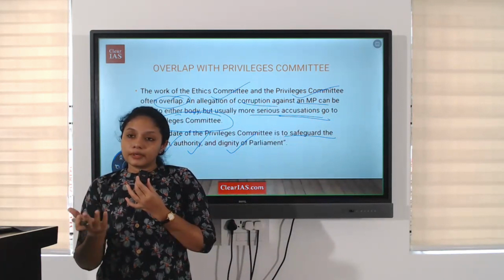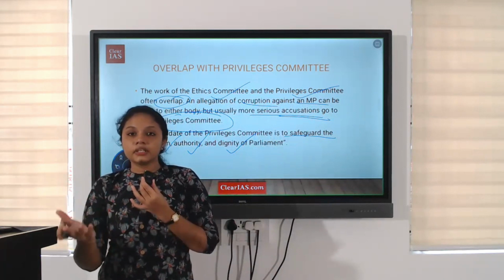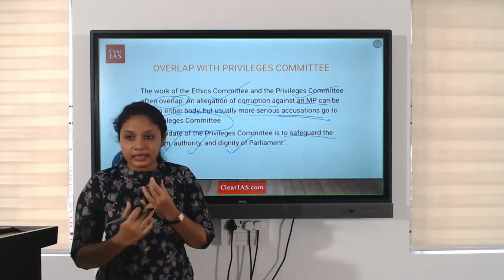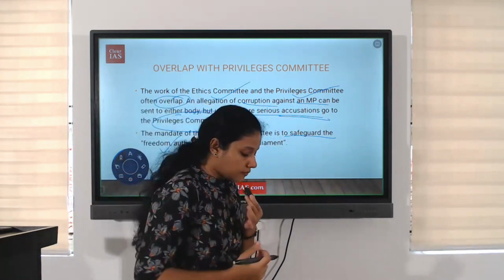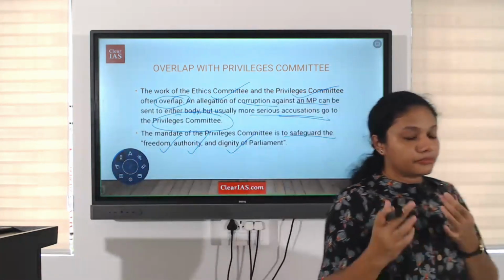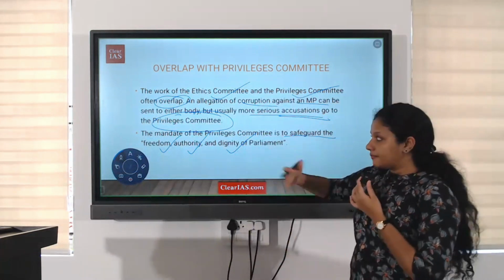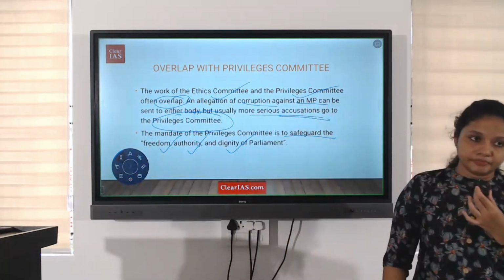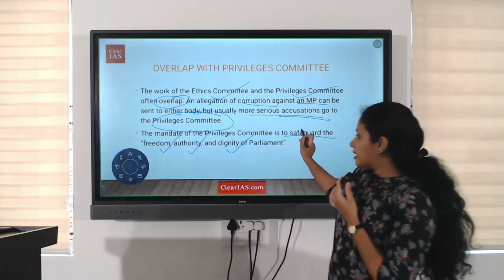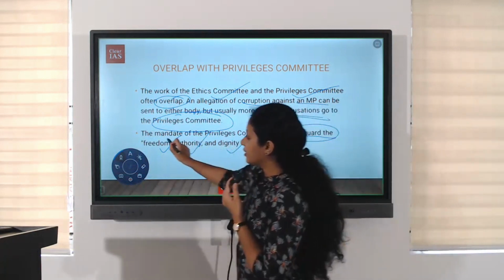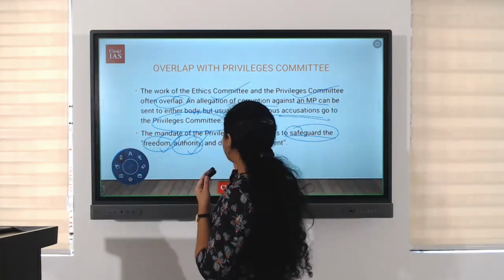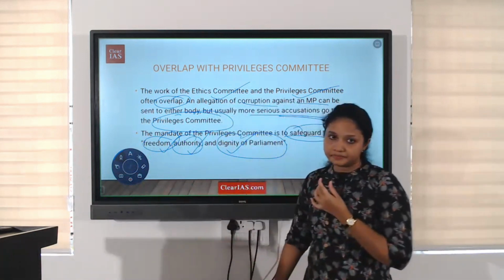It can come under the purview of the privileges committee as well as the ethics committee. In most cases, when there is corruption from an MP, it is mostly referred to the privileges committee. Why? Because the mandate of the privilege committee is to safeguard the freedom, authority, and dignity of the parliament.